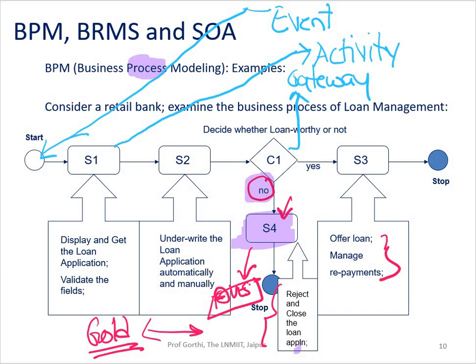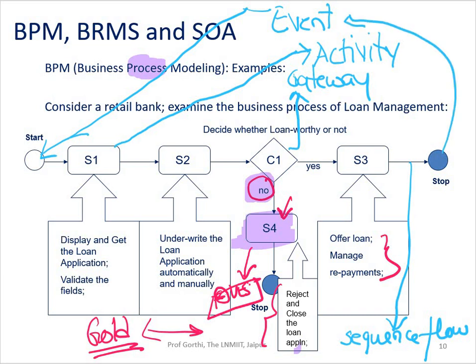And then these arrows are for sequence flow. Simple, these things forming events.